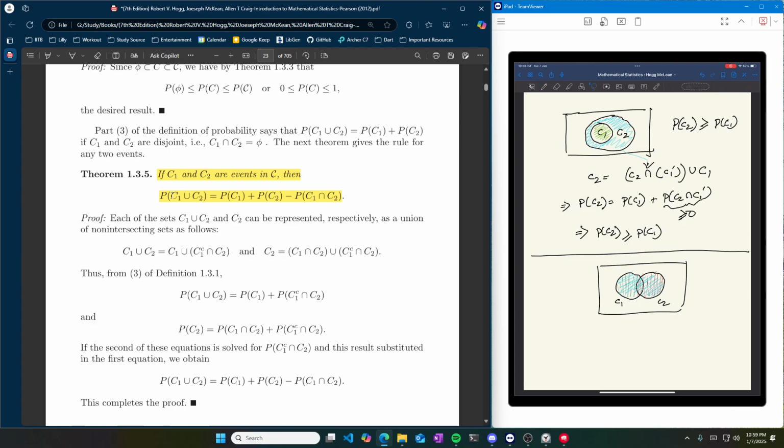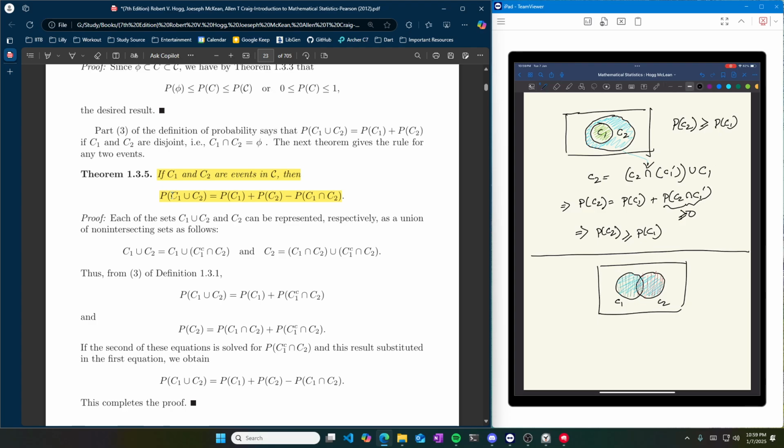Now you can see already that if we just write probability of C1 union C2 equals probability of C1 plus C2, this portion gets counted twice. Intuitively, visually, we can see.